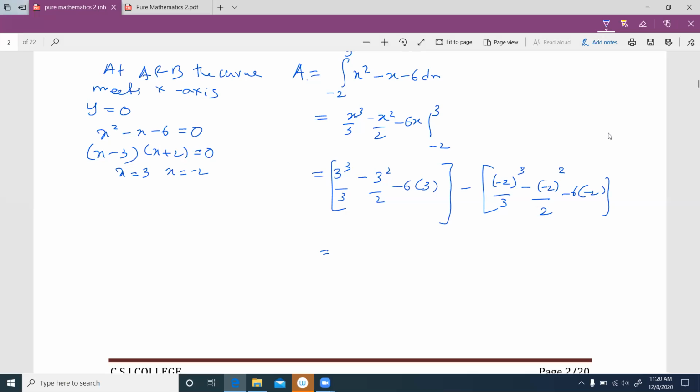If you do this integration, you get the answer 125 over 6.